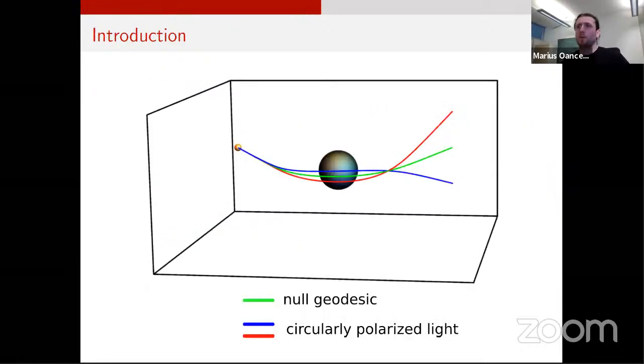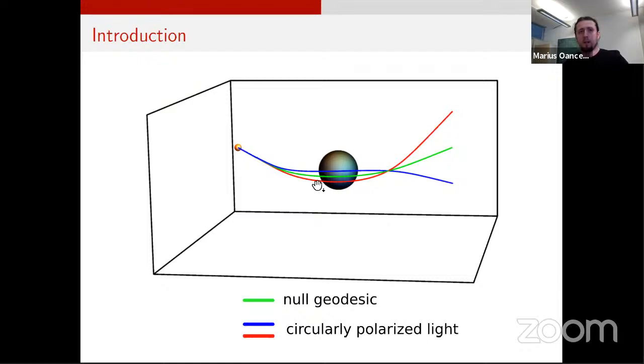Just to give you a feeling of what this effect looks like, let me give you a very brief example. Here we consider a Schwarzschild black hole, and some source of radiation far away from the black hole. If we emit a null geodesic from this source, it will remain in the equatorial plane of the Schwarzschild black hole, and we get the ordinary light bending.